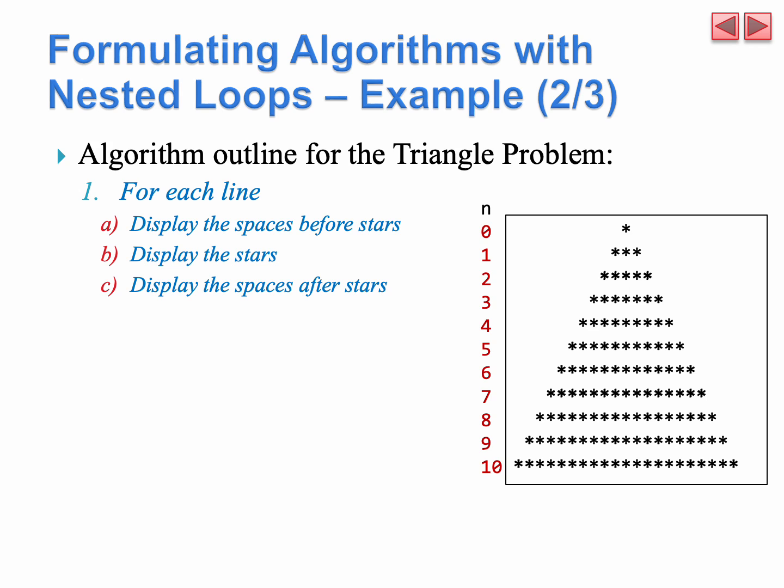To develop an algorithm for the triangle problem with the top-down approach, we first write an algorithm outline for this problem. The outline consists of a simple loop that goes through each line, and for each line we will have to do 3 steps: display the spaces before the stars, display the stars, and then display the spaces after the stars.